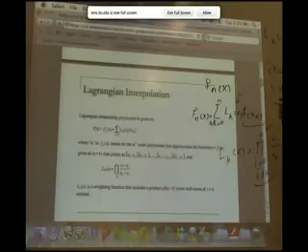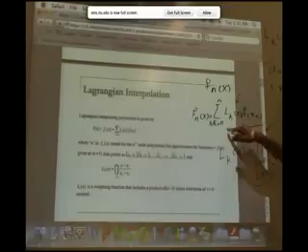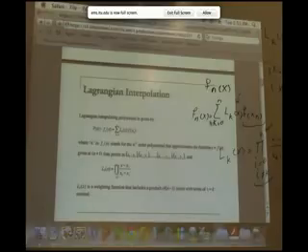So for Lk of x, first of all, my k can change from 0 to n, and n is the order of my approximation, because I have 2 points. 2 minus 1 is 1. So my k can change from 0 to 1 because I have 2 data points. As you see, I only have x0 and x1 because I have 2 data points.